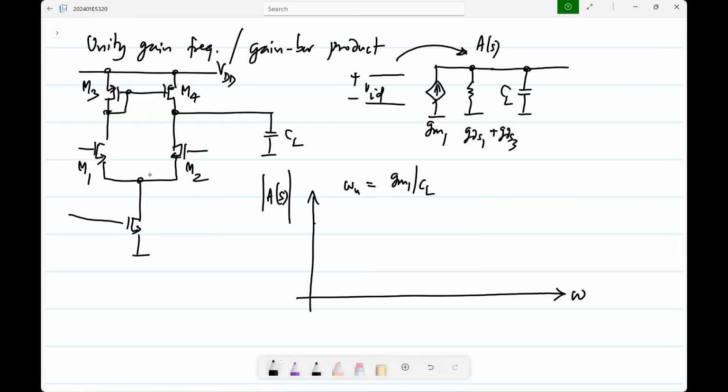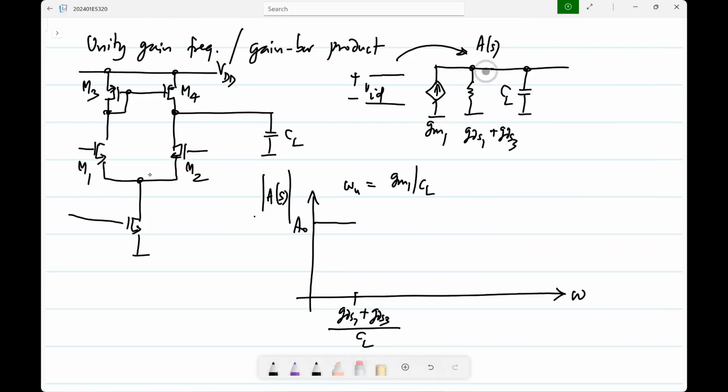It will be the DC gain, A naught. And when does it start changing? Basically, you have one pole, right? What is the pole value? GDS1 plus GDS3 by CL.